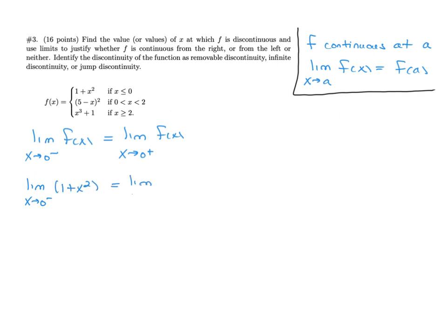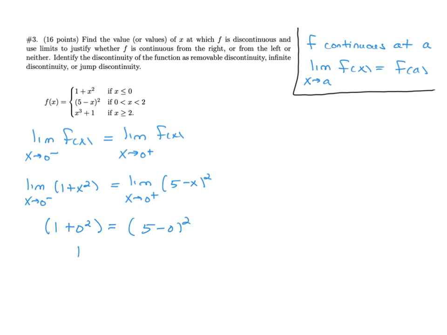On the other side, since we're approaching 0 from the right, we're using this portion of the definition, which is 5 minus x squared. In both of these, we can put 0 in place of x. So this is 1 plus 0 squared. And this other side is 5 minus 0 squared.